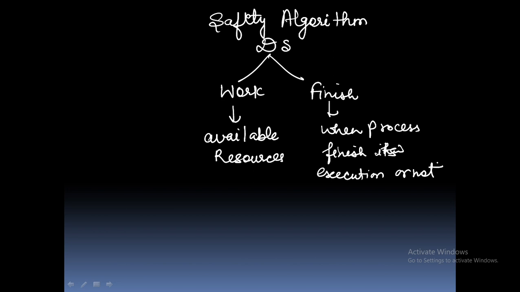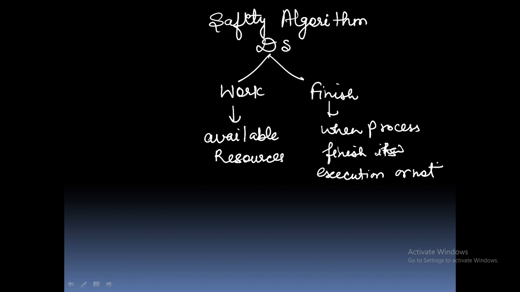In the first step, work, the number of instances of each resource type currently available, is set equal to available. All the processes are to be executed, and the data structures are initialized. After that, the safety algorithm looks for an unfinished process whose need is less than or equal to work, and finds an index. If such a process exists, then the next step is followed, otherwise step number 5 is followed.